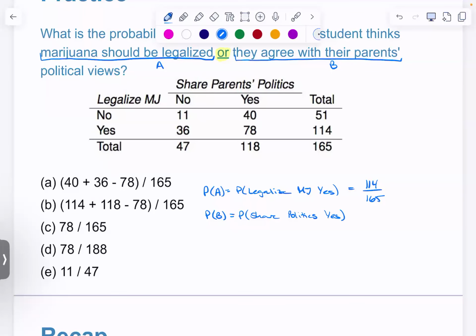Yes. Now, we don't want to dive into how they felt about the marijuana question. The probability that they share their parents' politics is going to be 118 out of 165.